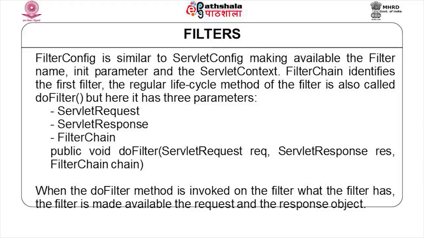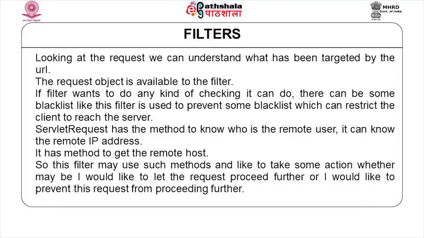It can look at the various aspects of the request, what is being targeted, it can get hold of the URL and every other thing. If the filter wants to do any kind of checking, it can do that. Maybe there is some blacklist, and this filter may be just to prevent some blacklisted clients from reaching the server.